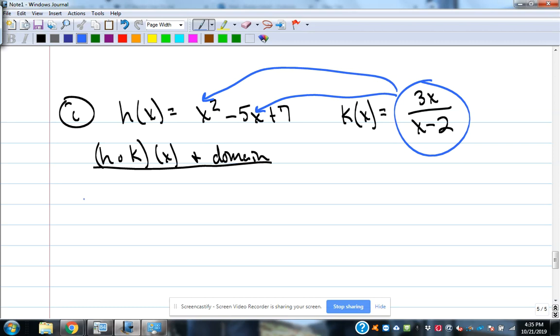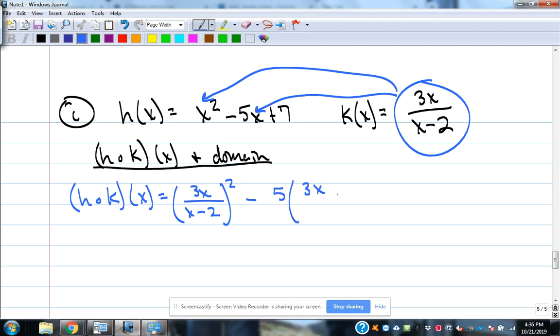So we have h composed with k of x: 3x over x minus 2 squared minus 5 times 3x over x minus 2 plus 7. So a good bit of algebra going to happen here.